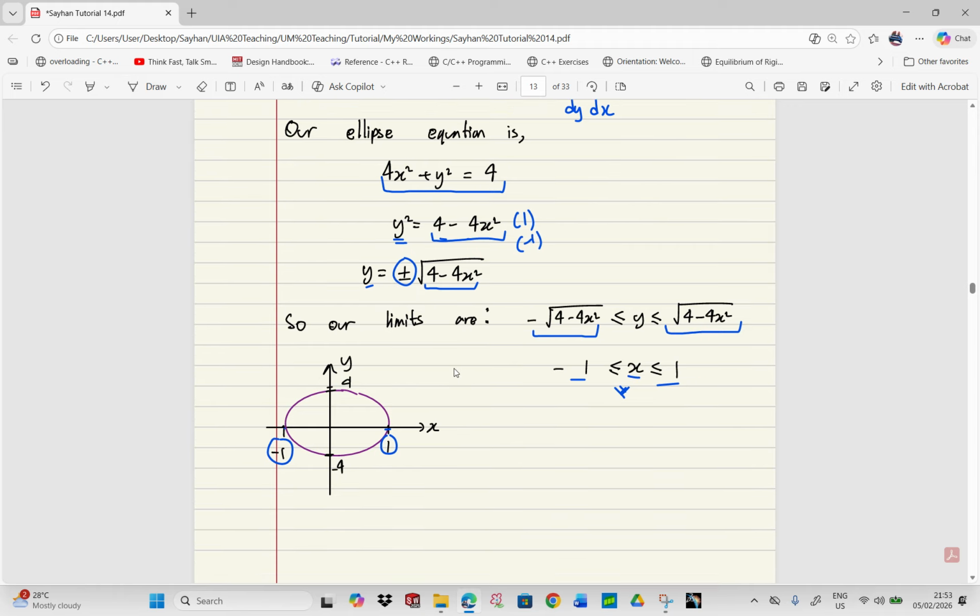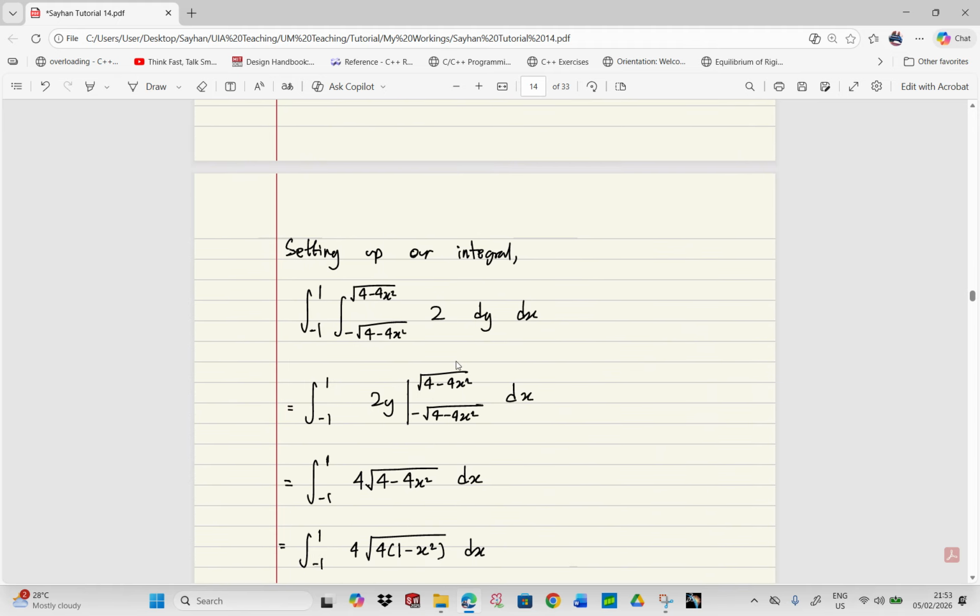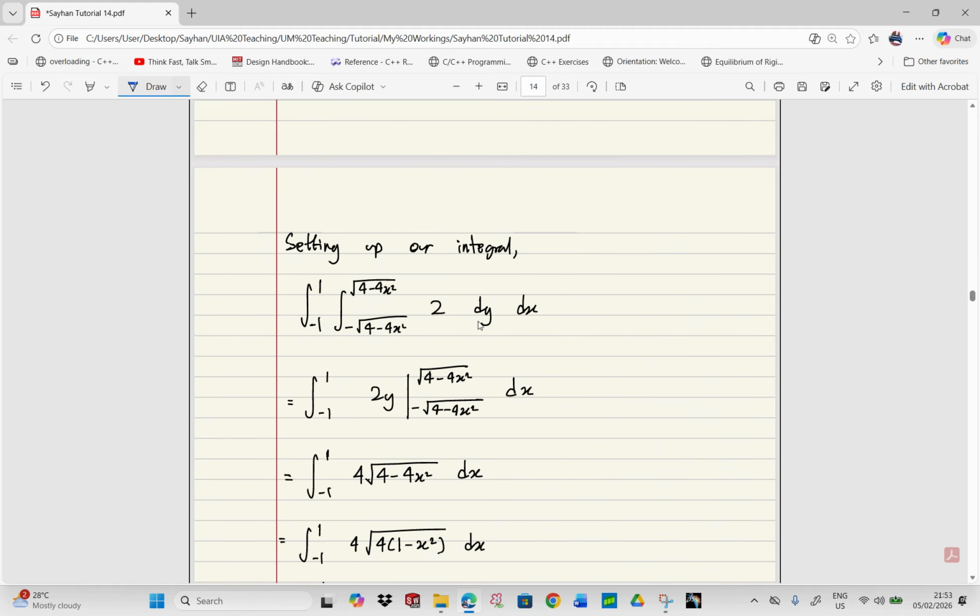So after I set the limits, we integrate with respect to dy dx. First I chose dy. Because here is negative and here is positive, it simply becomes 2 square root of 4 minus 4x squared minus negative 2 square root of 4 minus 4x squared. So you end up having 4 square root of 4 minus 4x squared.